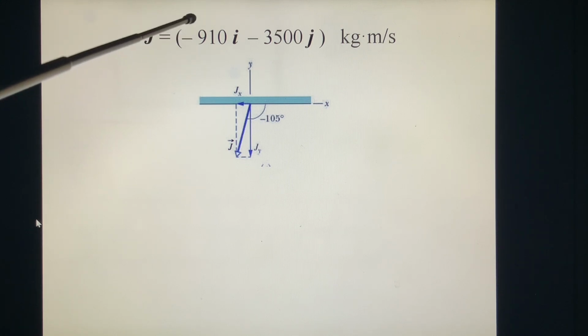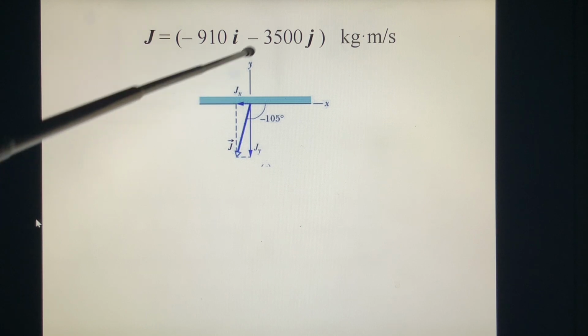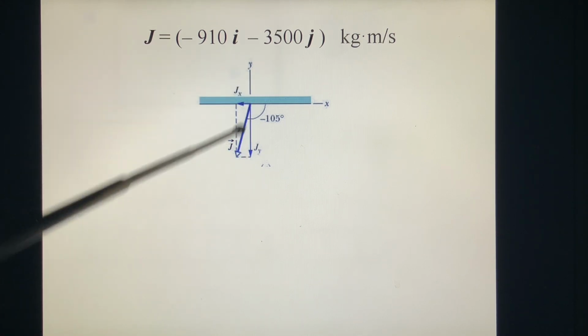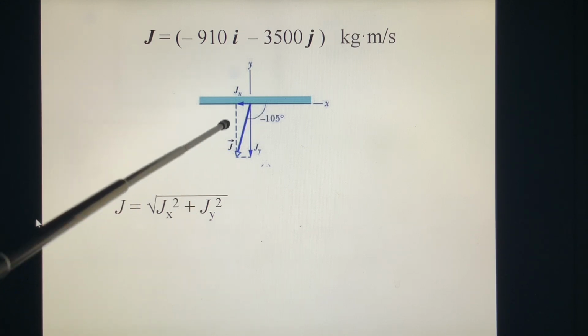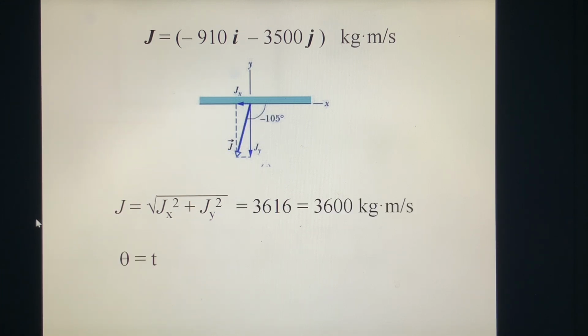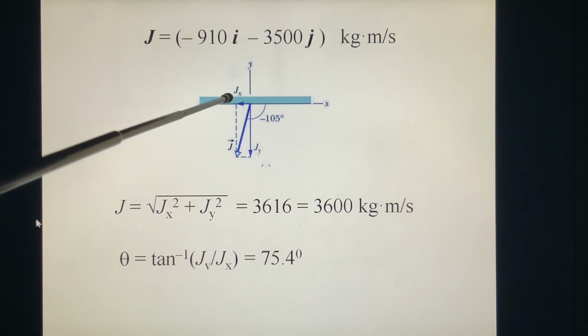Now, this is J. X is a negative number, y is a negative number, so this is the J direction. The magnitude J equals the square root of J_x squared plus J_y squared. We put the numbers inside and get the number. And theta: tangent theta equals y over x.